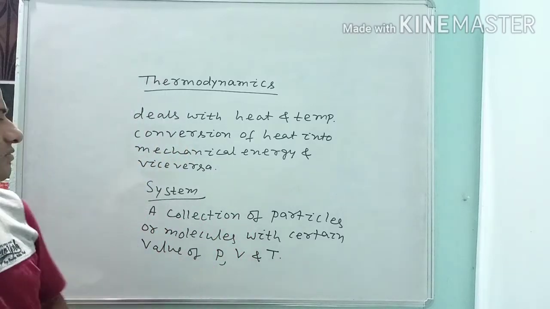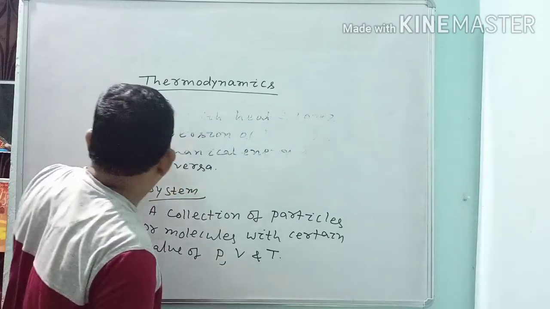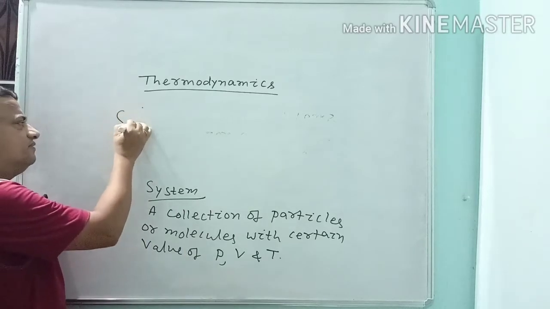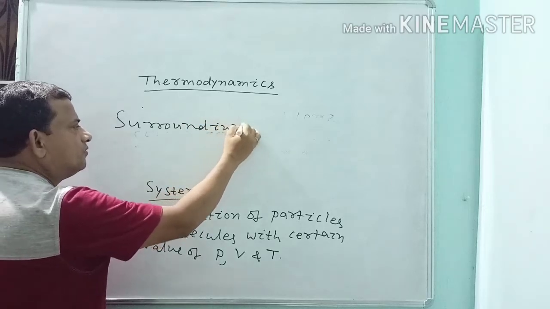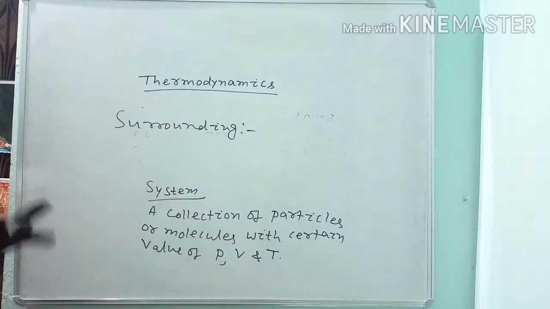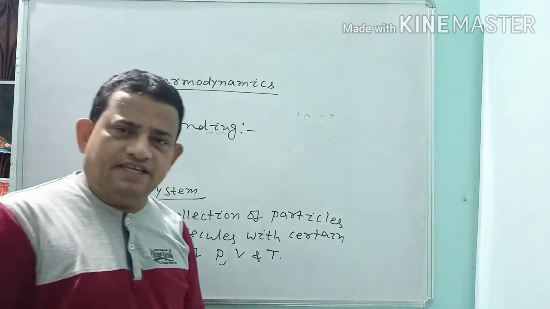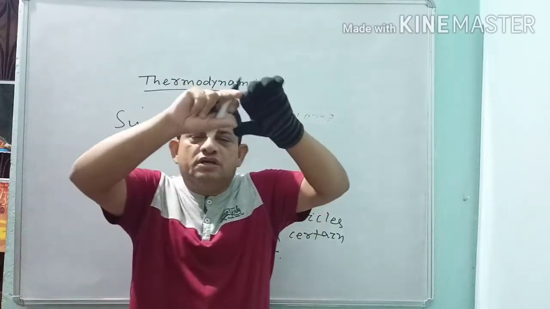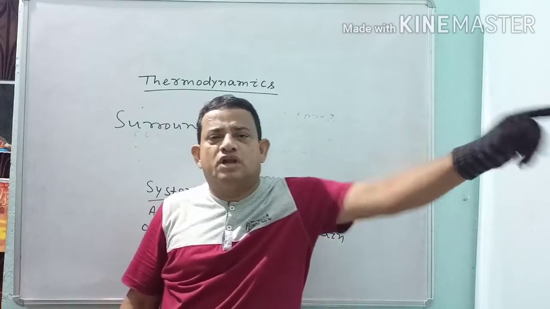Like that, a surrounding is there. What is that surrounding? Surrounding means what? Everything outside the system. Suppose I am inside this room and the outside is the surrounding.